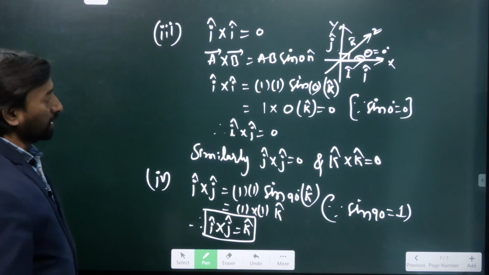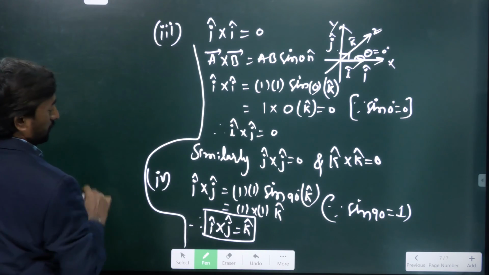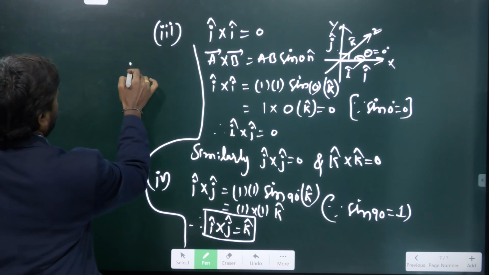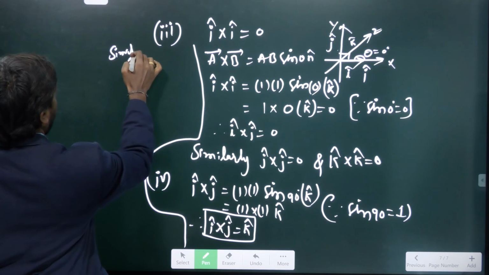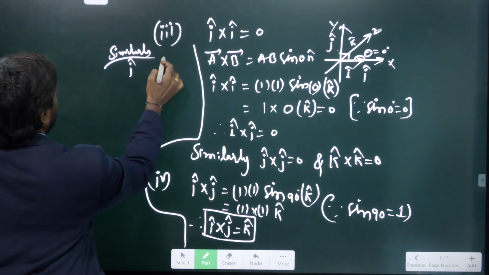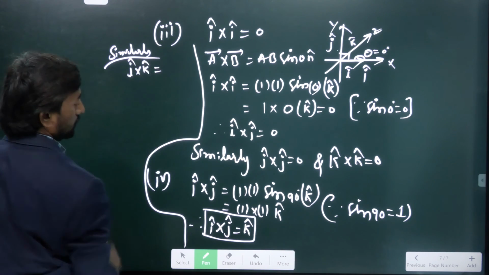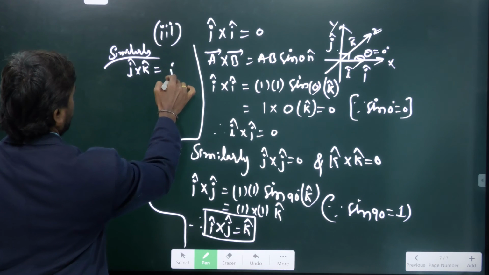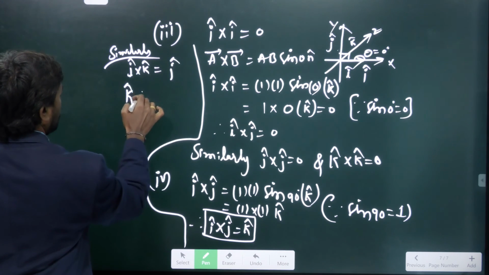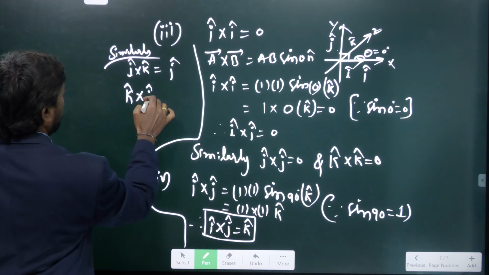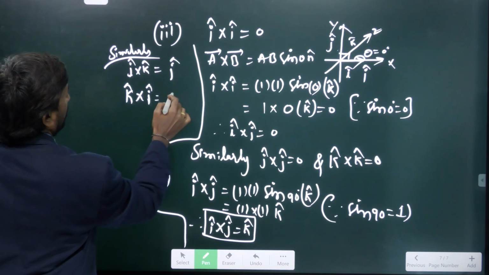Similarly, we get j cap cross k cap is equal to i cap, and k cap cross i cap is equal to j cap.